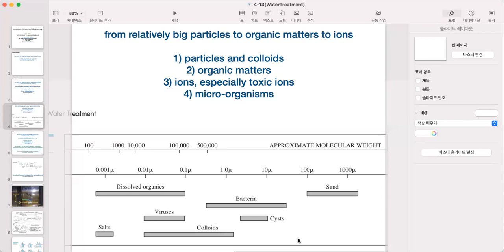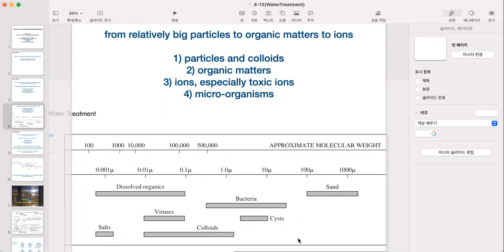Okay. So how about the size of organic matter? Which unit? Meter? Micrometer? No, actually. What kind of unit is used to measure the size of organic matter? I think this is very important. Why not meter? Why not nanometer?